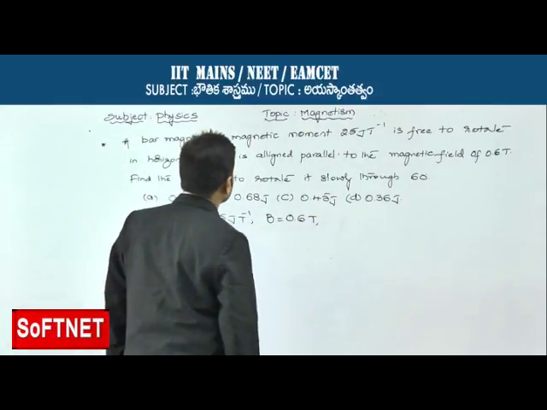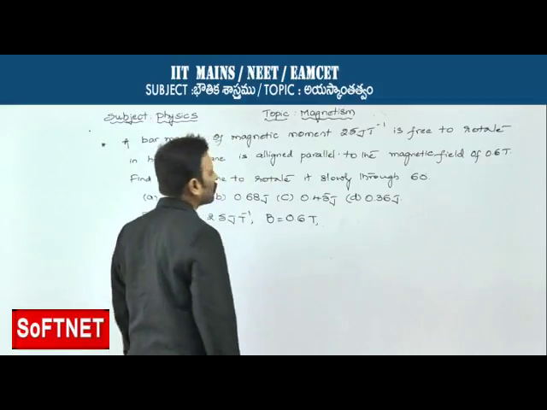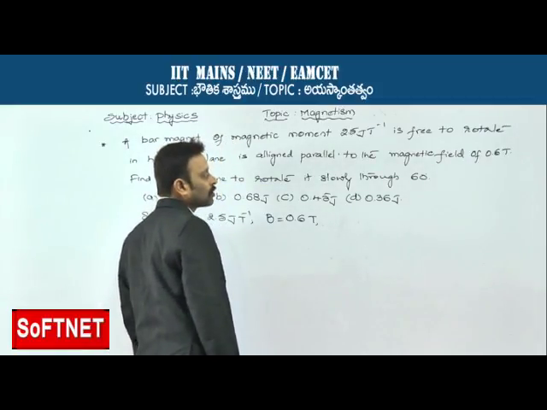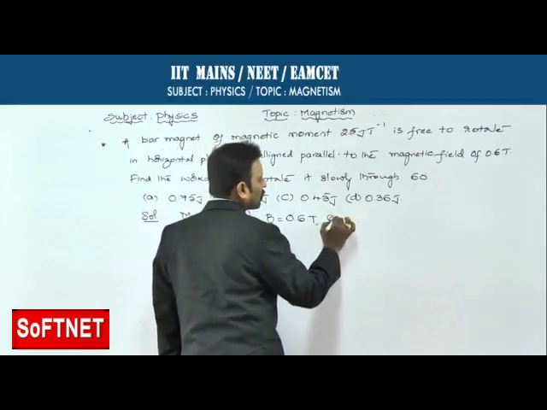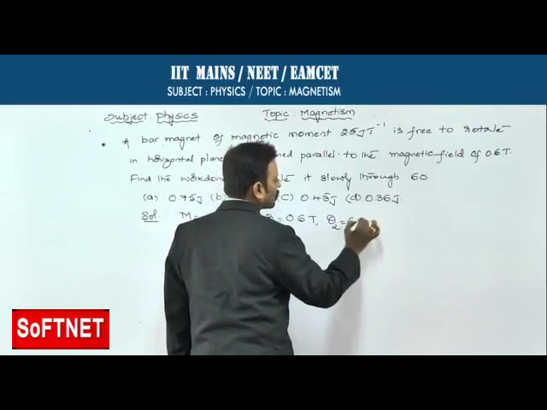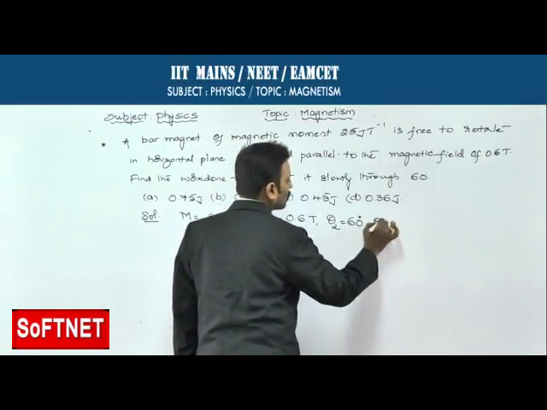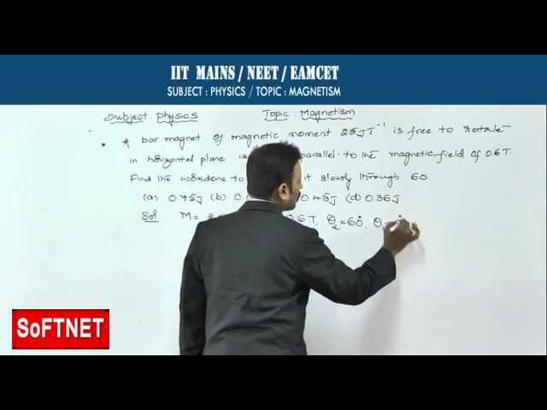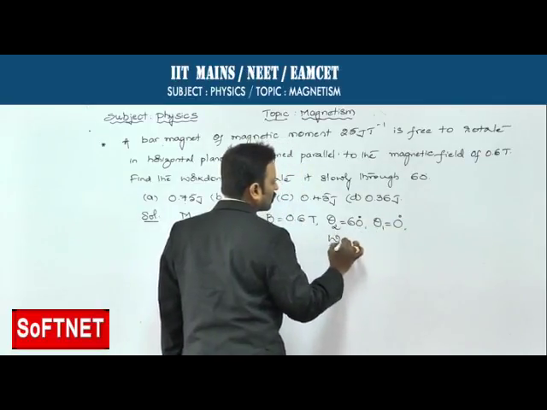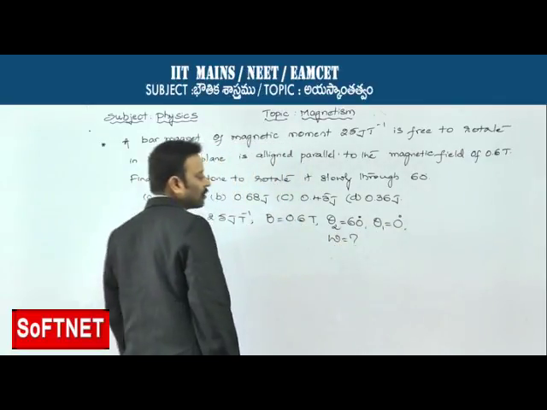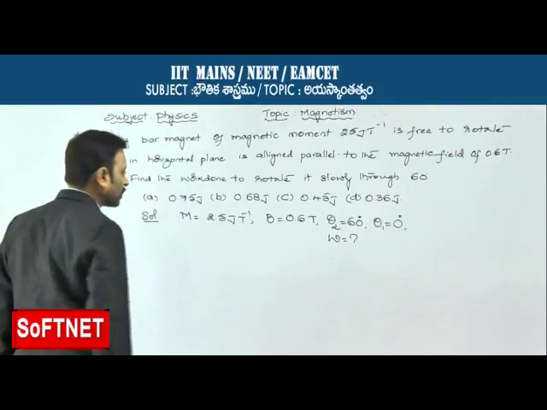You are asked to calculate the work done to rotate it slowly through 60 degrees. That is, theta 2 is given as 60 degrees. So, obviously, theta 1 will be 0 degrees. You are asked to calculate the work done in rotating the magnet.